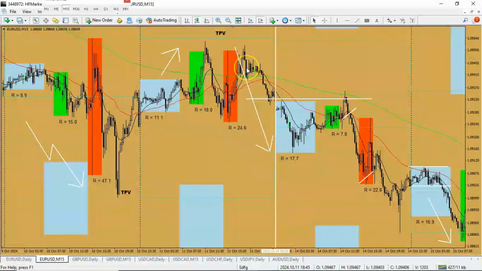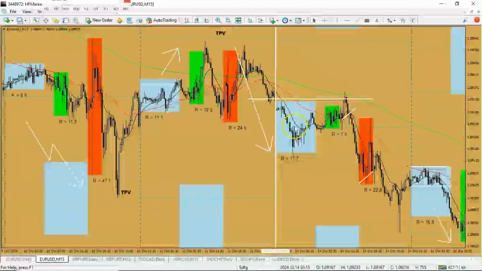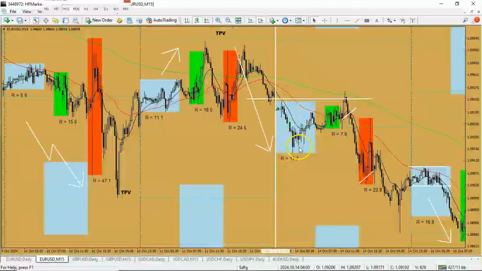And I want you to notice something here. Coming into Monday, I already have a directional bias that price is going to drop, right? So I'm looking to take sell trade opportunities, which I did during the London session.